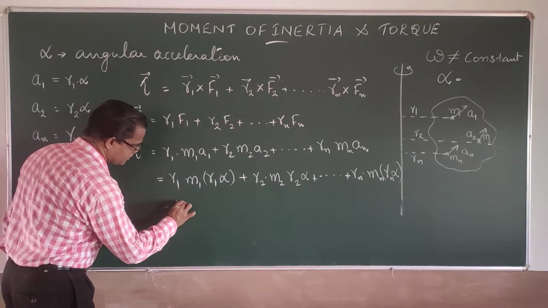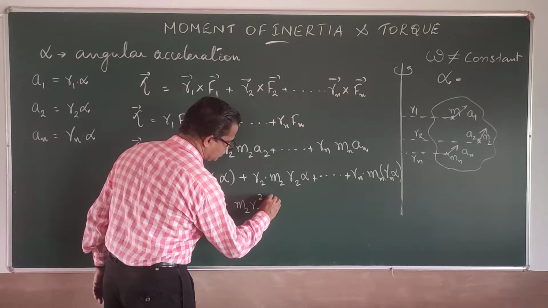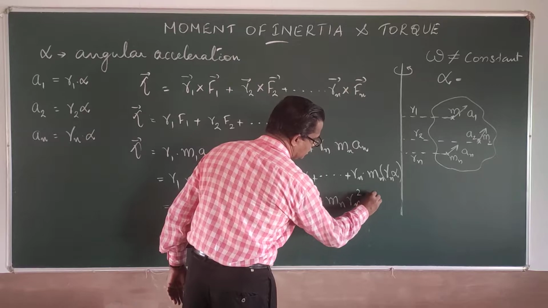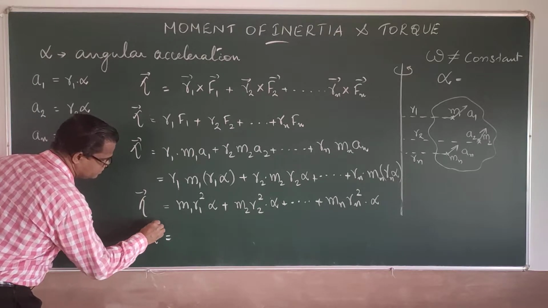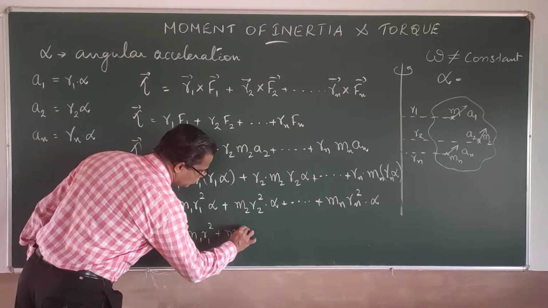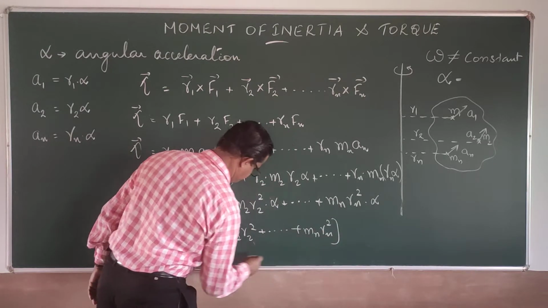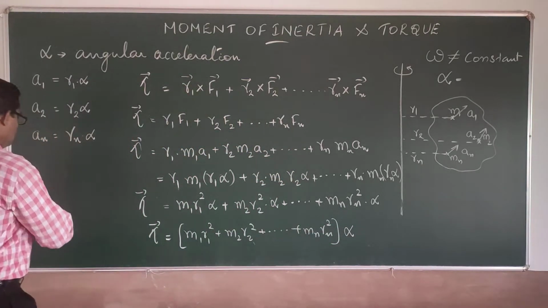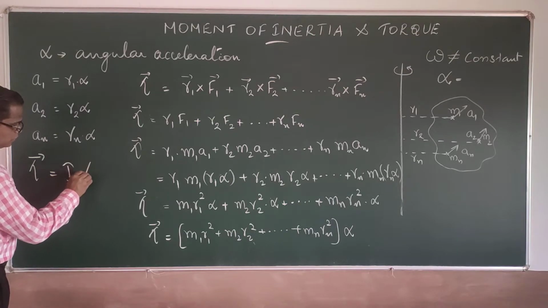So I can write this as M1 R1 square alpha plus M2 R2 square alpha plus etc. plus Mn Rn square alpha, or torque equals (M1 R1 square plus M2 R2 square plus etc. plus Mn Rn square) into alpha, or torque therefore equals I into alpha.